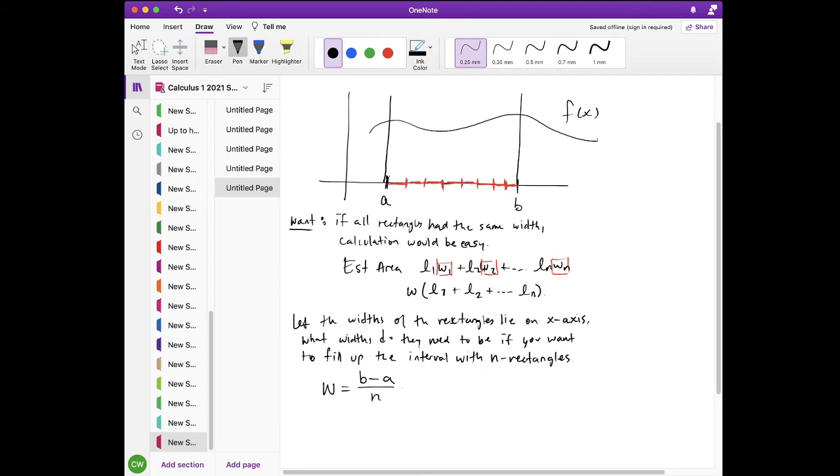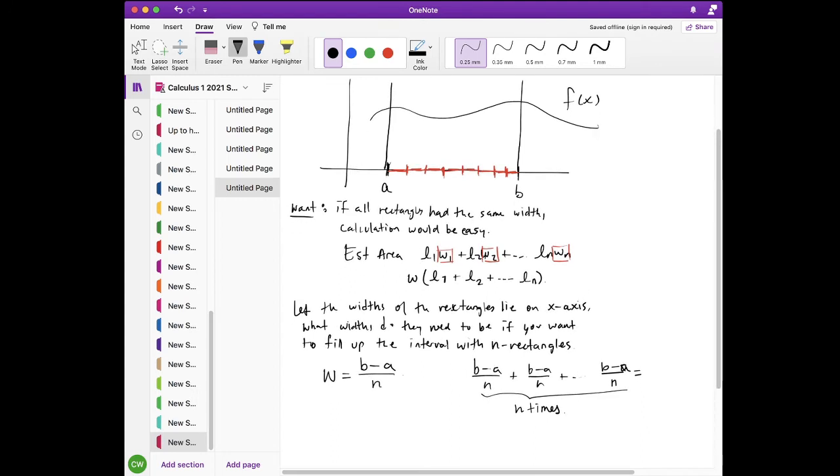Let's just check that. If you do b minus a over n plus b minus a over n, and add it n times, what does that equal? Yes, b minus a. 1/nth, 1/nth, and then you have n of them, n nths.